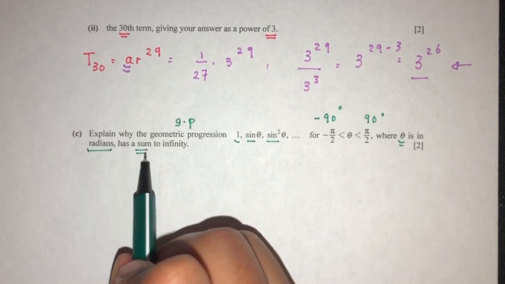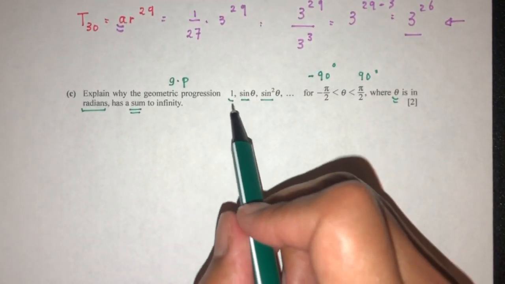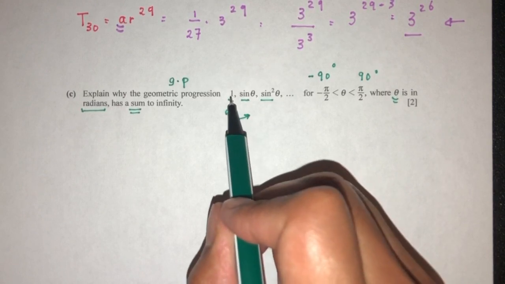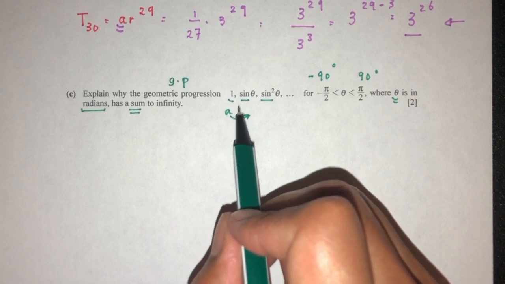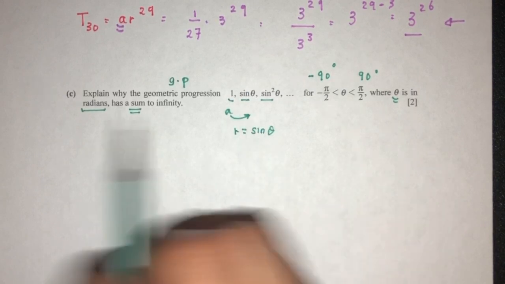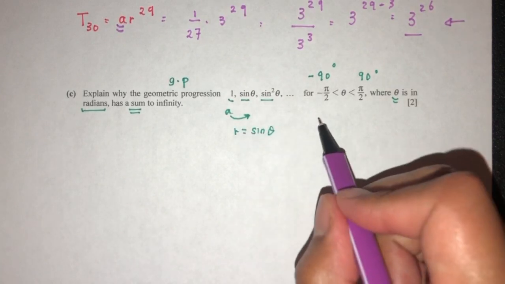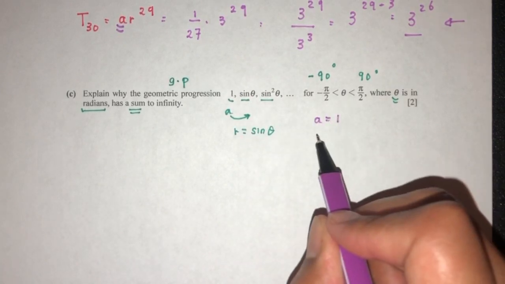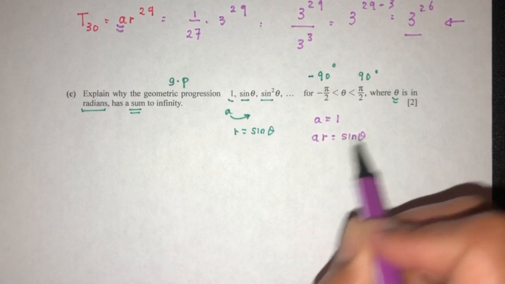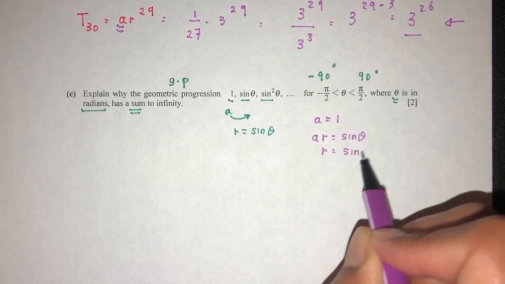If you observe, the first term is a. What is the common ratio for a GP? We understand that the second term has to be a times r. As you can see, the first term is 1, but the second term is a times r, which is sine theta, which means r has to be sine theta.